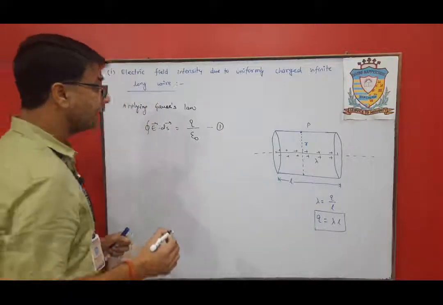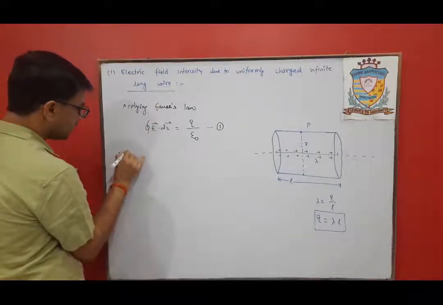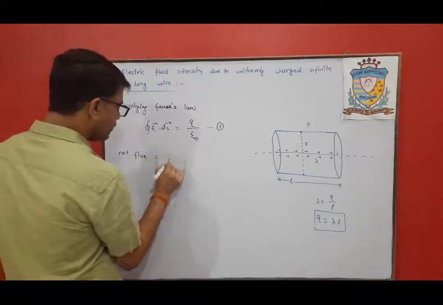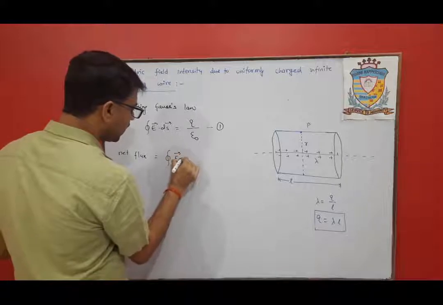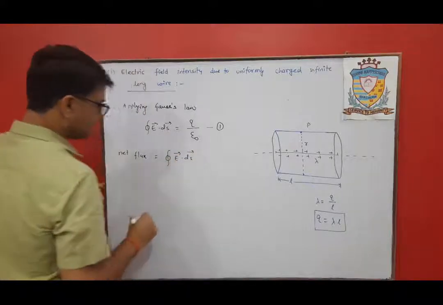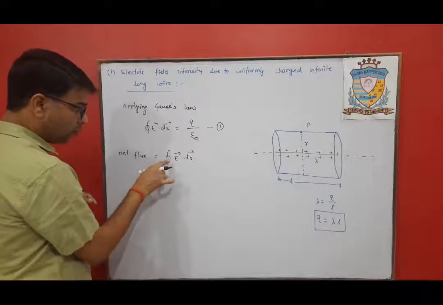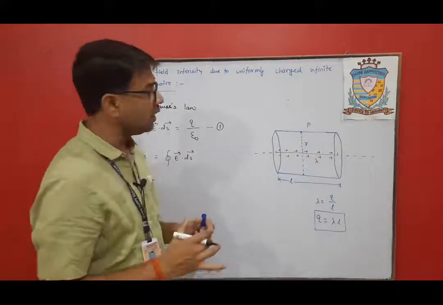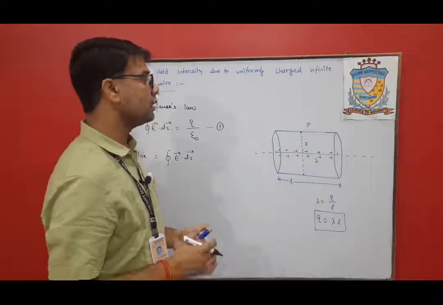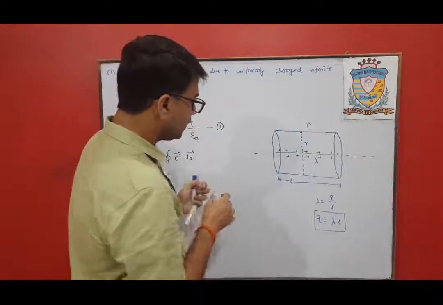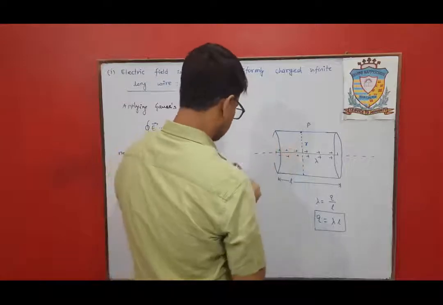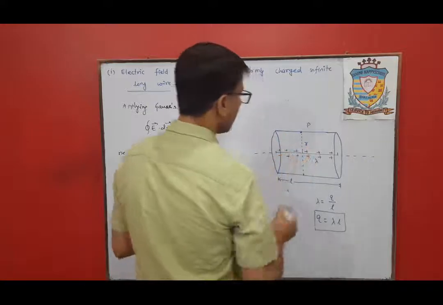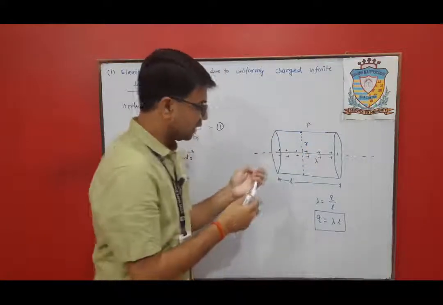Now we will find the net flux, that is total flux, which is equal to the closed integral of E dot ds. Now we have to open this closed integral. For that we have to consider all possible surfaces. Suppose this is the cylinder.